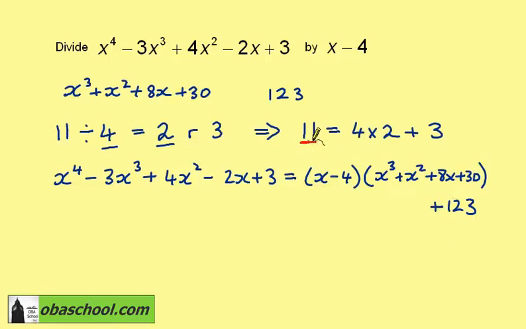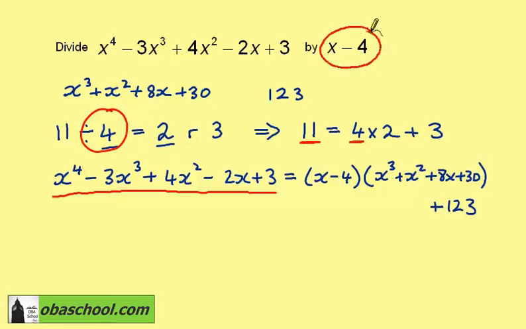Let's highlight this. Here's our 11, and here's the original polynomial that we divided. We divided 11 by 4, and here it is, and the polynomial by x minus 4, and here it is, in the equivalent position.